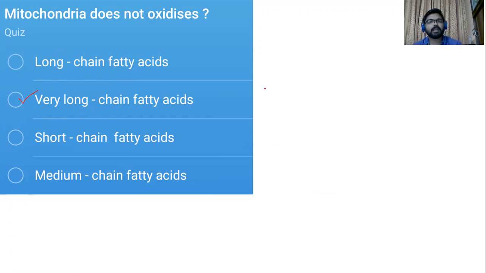So by this we are getting this fact that mitochondria is oxidizing long chain fatty acids, also short chain fatty acids, then medium chain fatty acids, but not very long chain fatty acids.